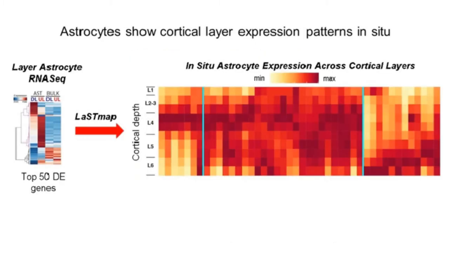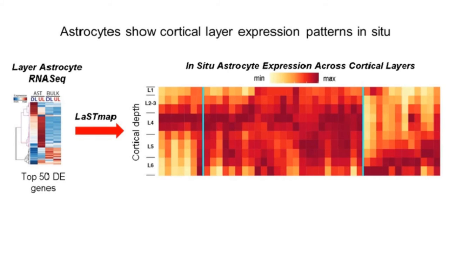So earlier on I told you about this RNA sequencing that we did that suggested that astrocyte layers, upper and deep, were molecularly distinct. We took 50 of the top differentially expressed markers of layer astrocytes, and then we mapped their expression across the mouse somatosensory cortex with our analysis pipeline over several tissue sections and several biological replicates.